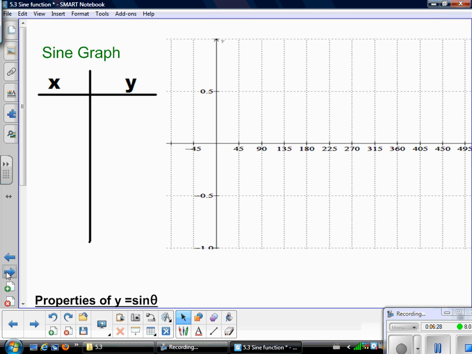And now what we're going to do is create a table of values for our function, and we're going to then graph it the same way that the applet graphed it, well, as close as we can.